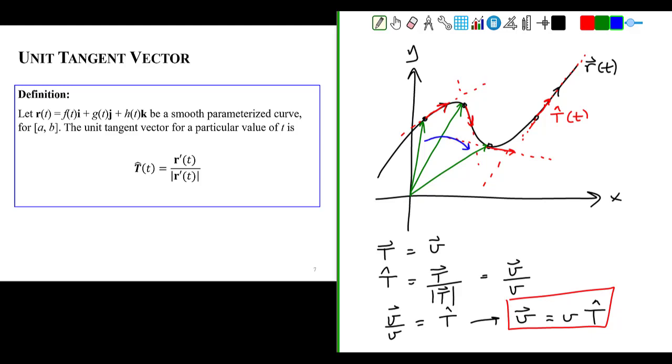And notice the velocity at every point is tangent to the curve. Therefore, we can say that velocity is tangent to the position curve at each point.